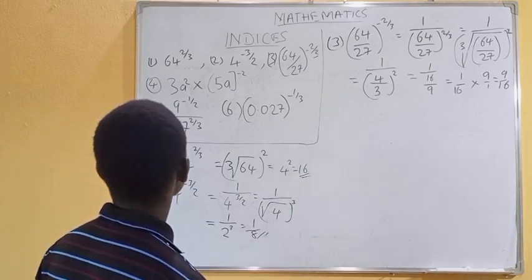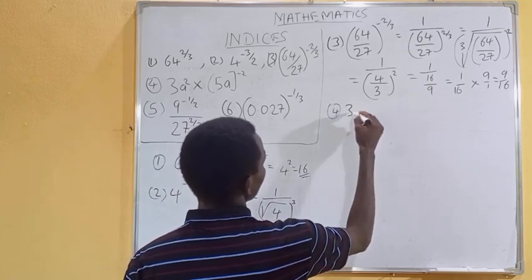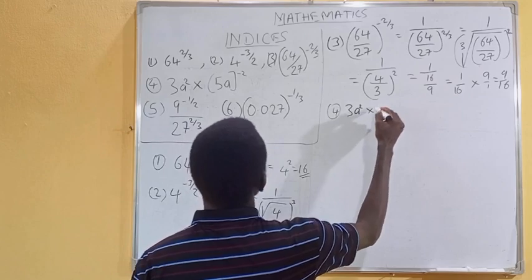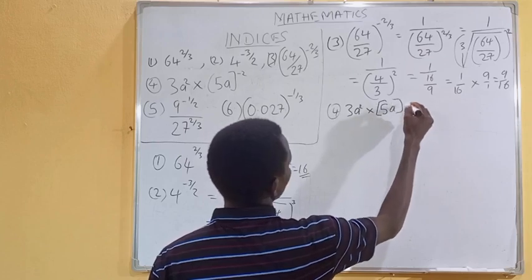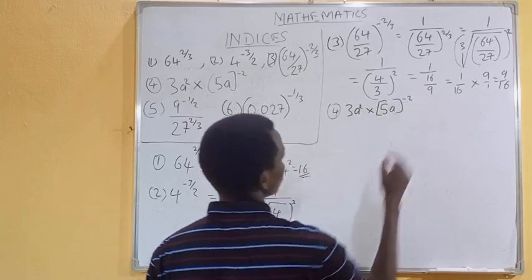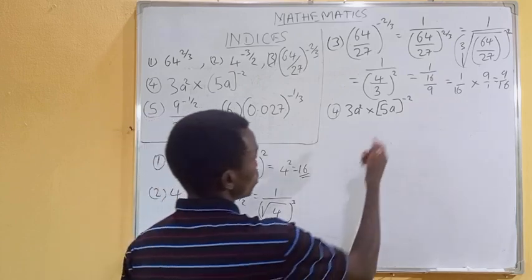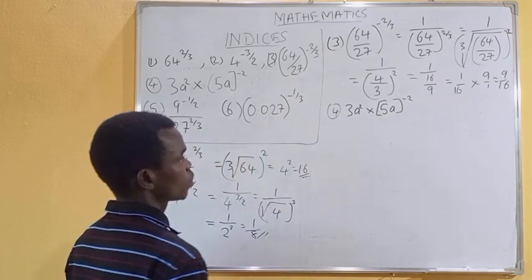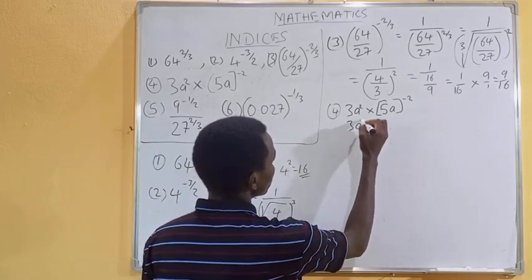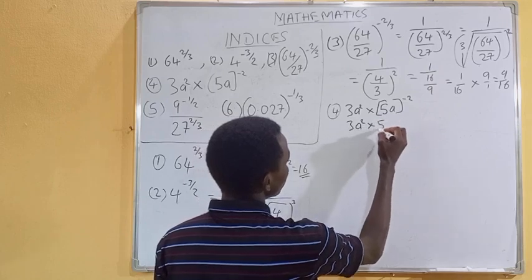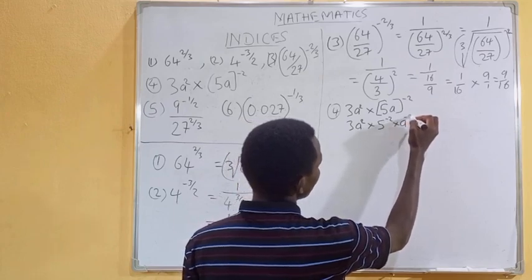Let's consider question 4. We have 3a squared times, in brackets, 5a all raised to the power minus 2. With this, now use the power product to open this bracket. It will now be 3a squared times 5 raised to the power minus 2 times a raised to the power minus 2.